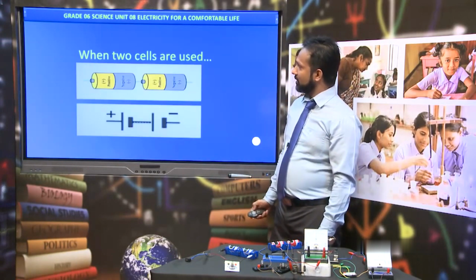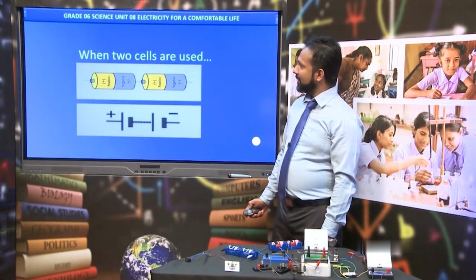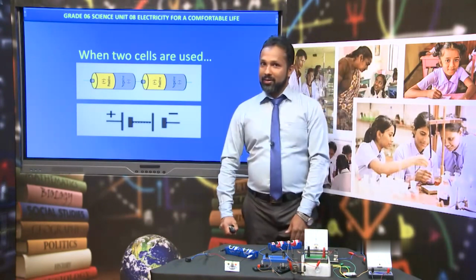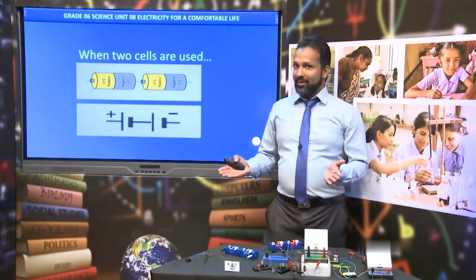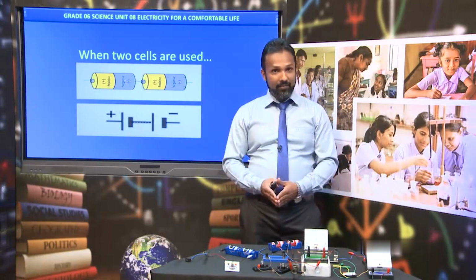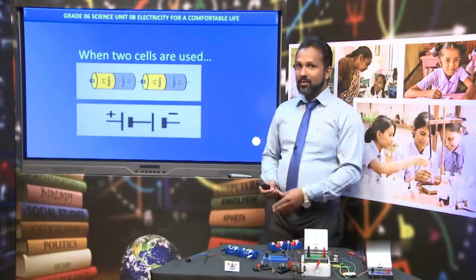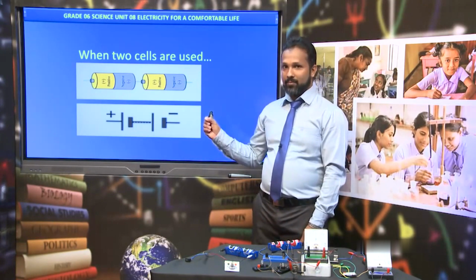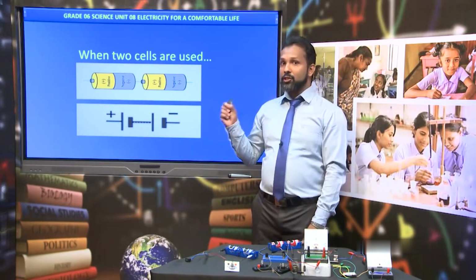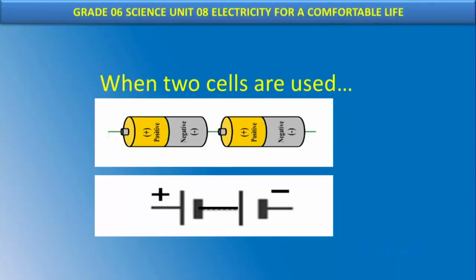Let's move to the battery. Can you remember the difference between a cell and a battery? I told you earlier. A cell is a single cell. A battery consists of two or more cells. Here you can watch two dry cells are connected.